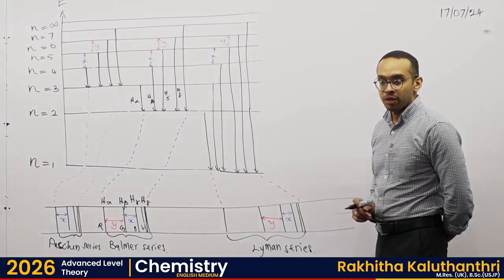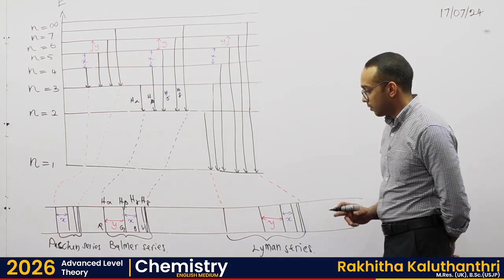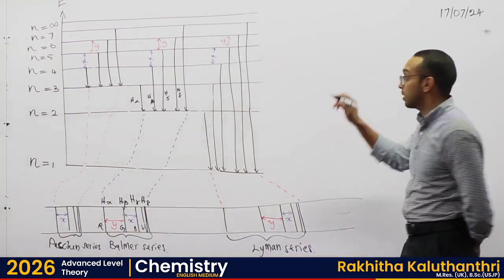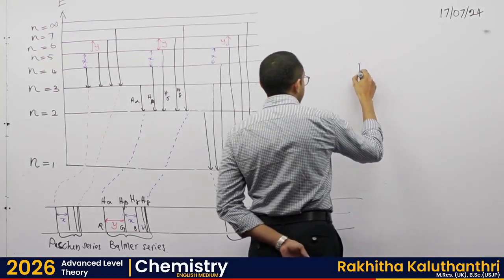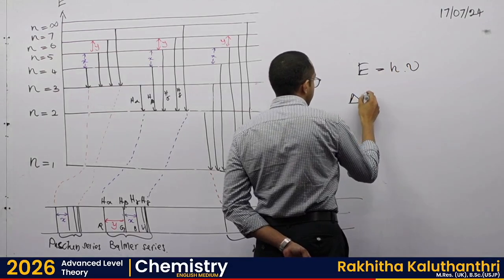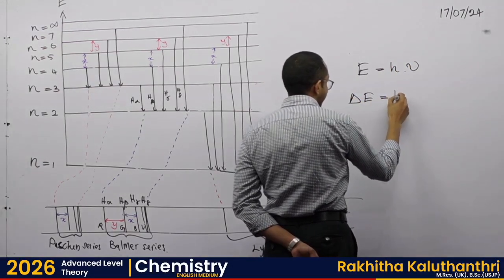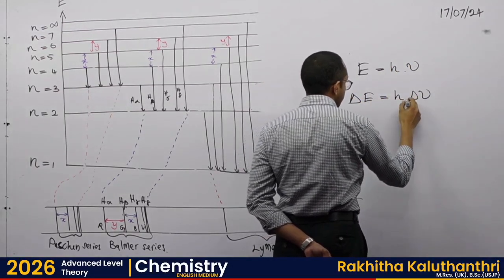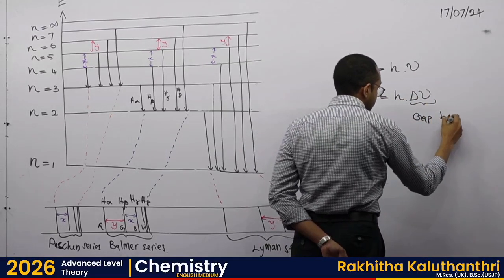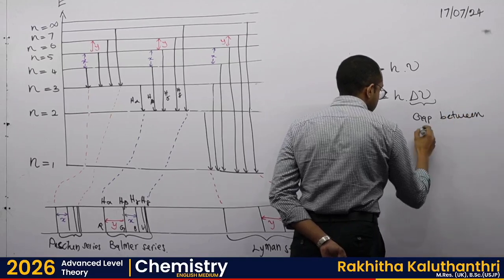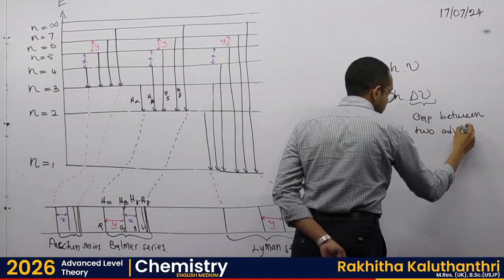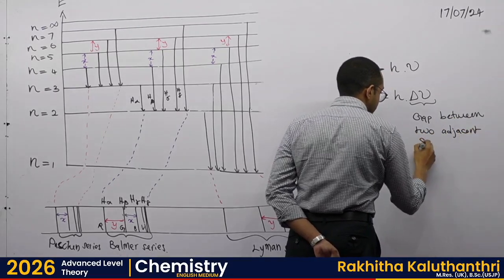Right? Third point, you can write under that, please write this: E equals h nu. You can write delta E equals h delta nu, just to say that this is the gap between two adjacent spectral lines.